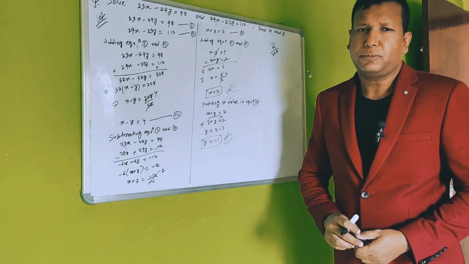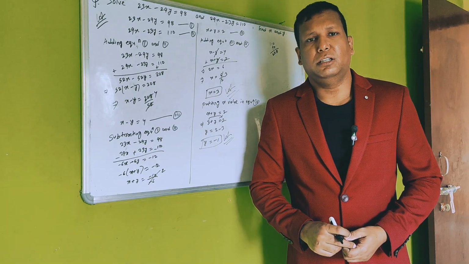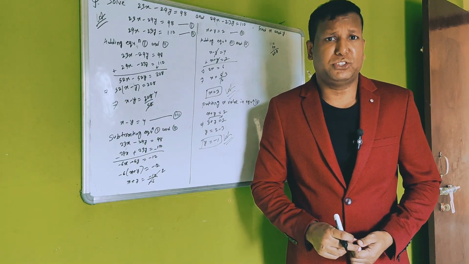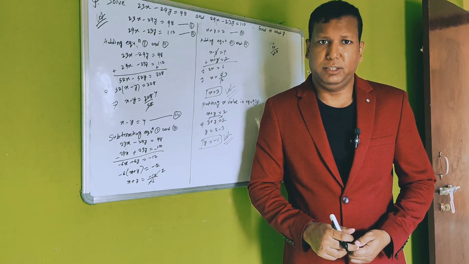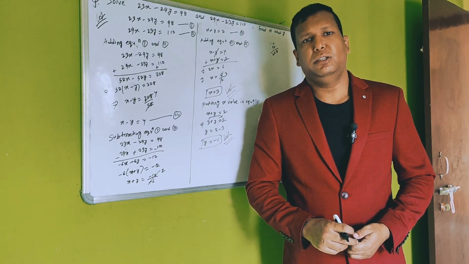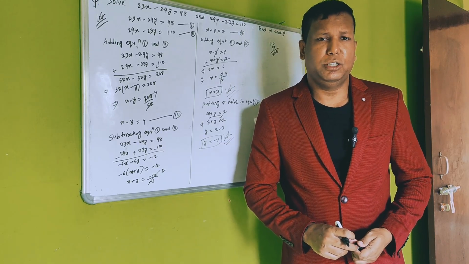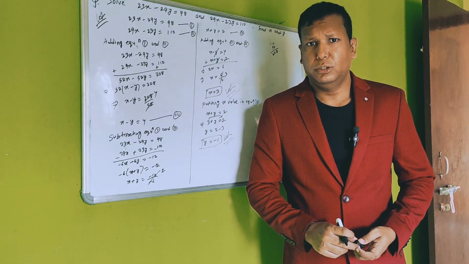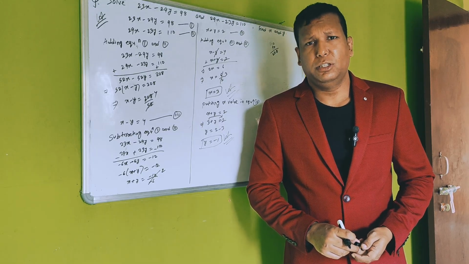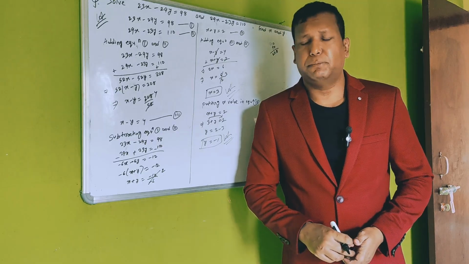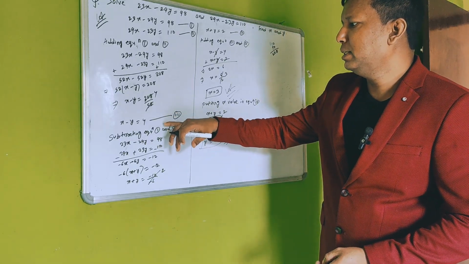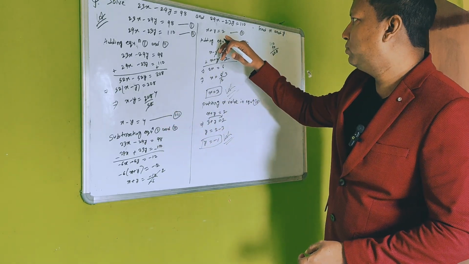So this is the simplest way we can get the x and y values. By using this approach, you don't need to do lengthy calculation. It's a simple calculation. The simple forms of the new equations are x minus y equal to 4 and x plus y equal to 2.